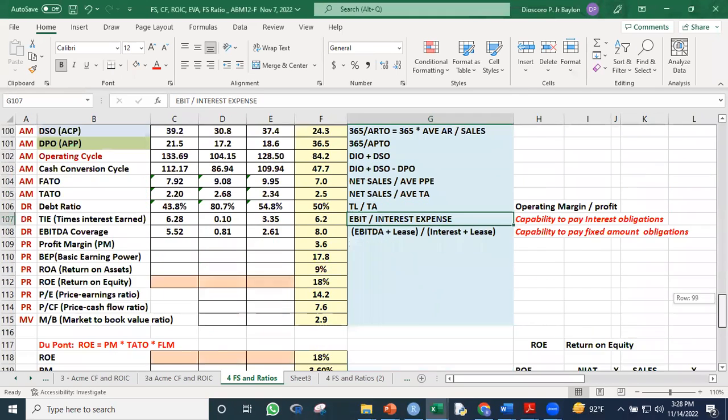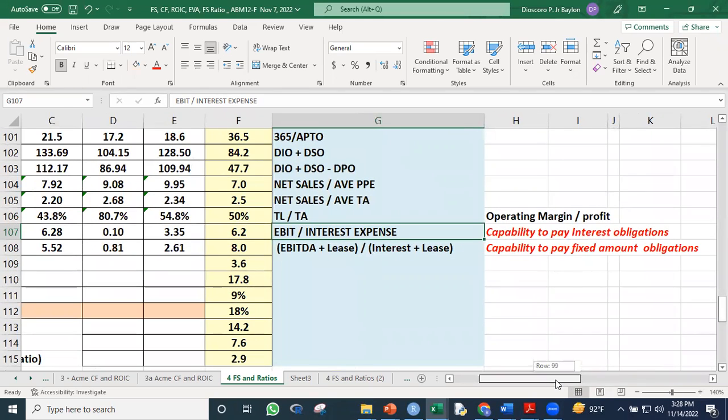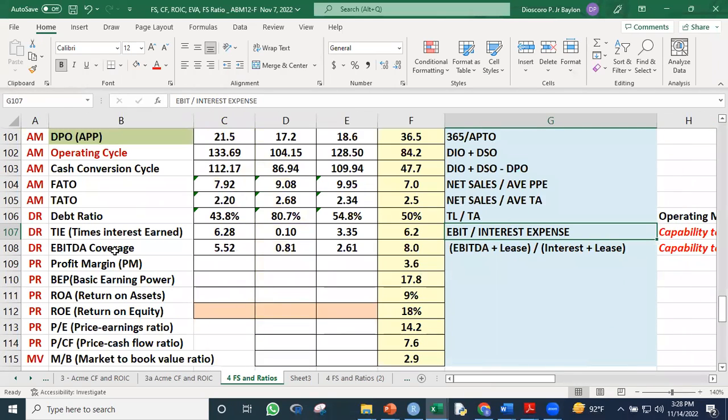By the way, before we go to EBITDA coverage, I don't think I have discussed yung TIE, no? Yung times interest earned. So yung TIE, ang minimeasure niyan, how much operating profit the company has to pay its interest obligations. If you can see, 2020, wala.